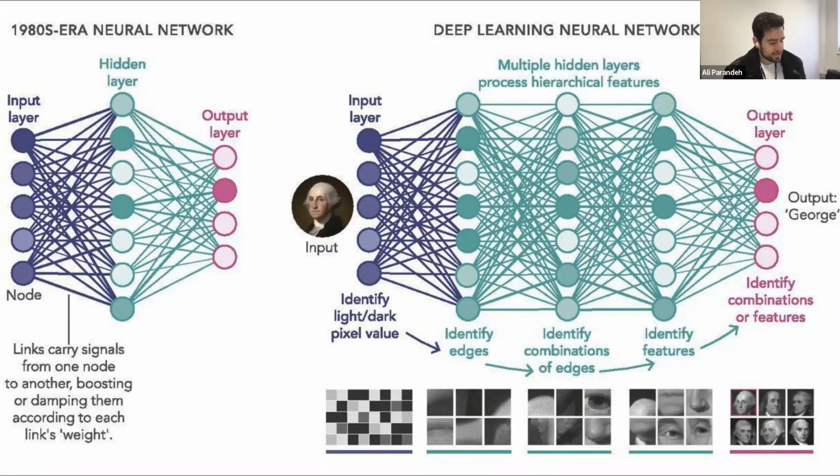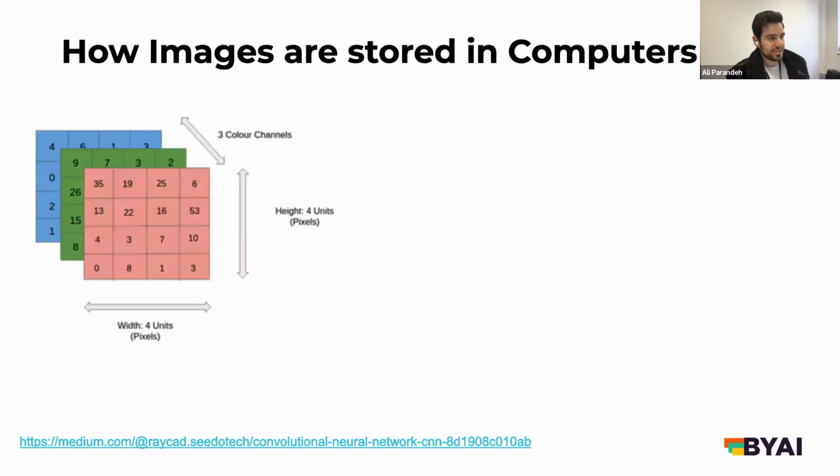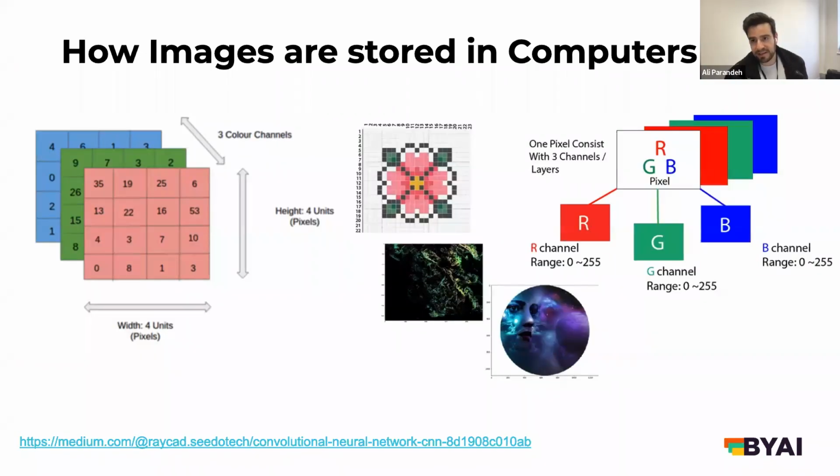With images, the pixels are positioned next to each other, and this pattern and data around the position of the pixels is lost when you flatten the picture to pass it through a deep neural network.